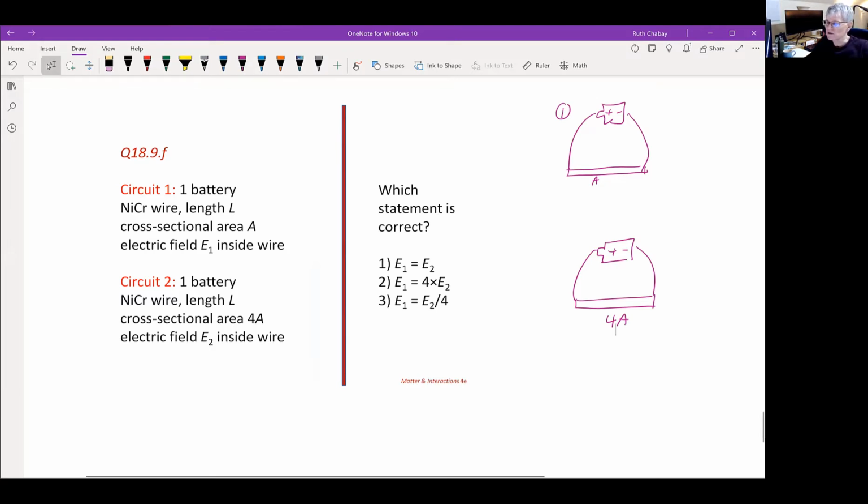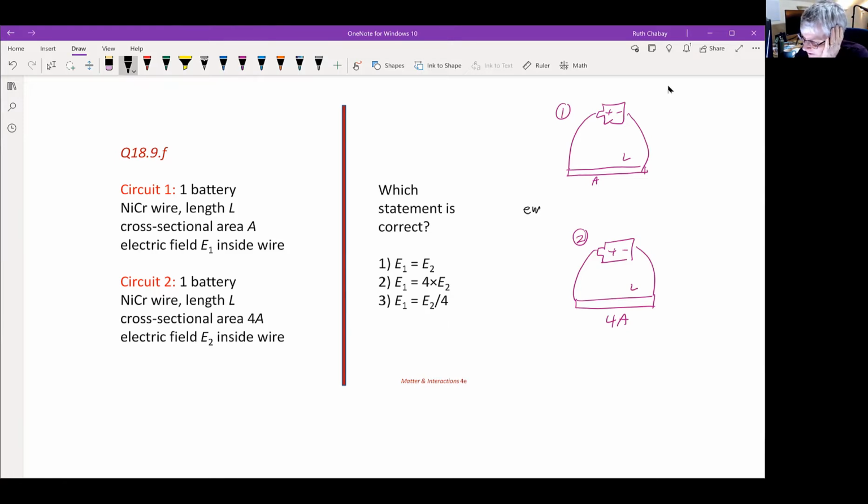So which of these statements is going to be correct? Okay, so the biggest vote is for a factor of 4 here. But let's see if that's right. Let's actually work it out.